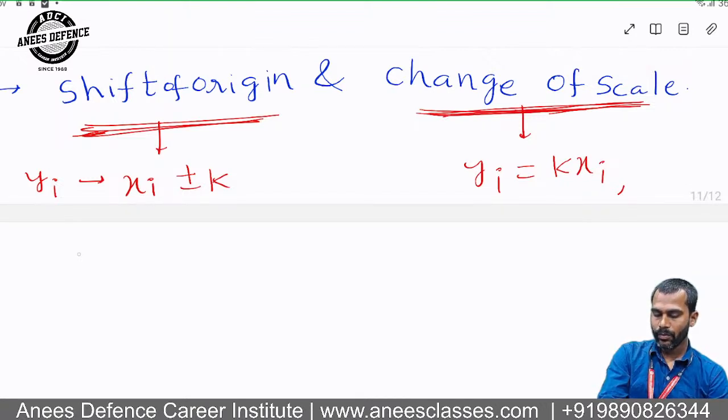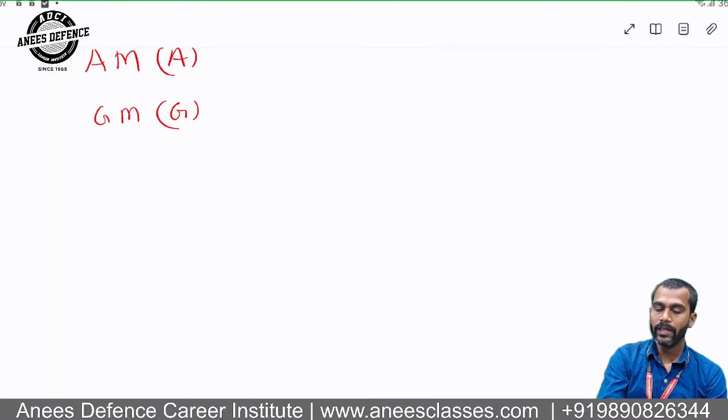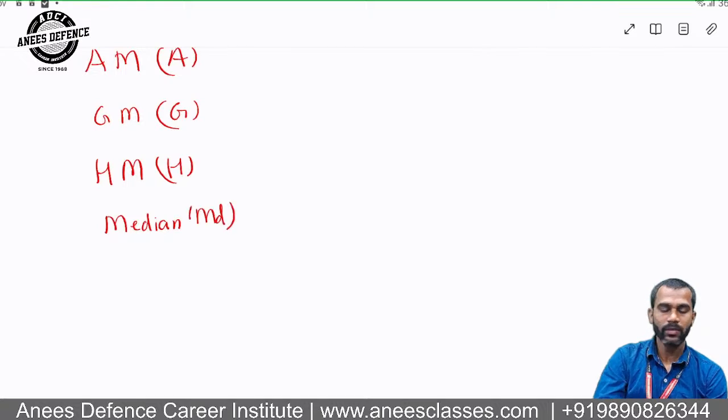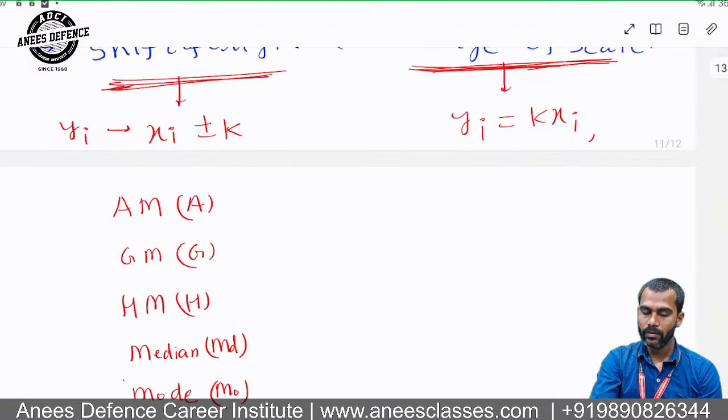Suppose the original AM is A, GM is G, HM is H, median is MD, and mode is MO, with observations xi.